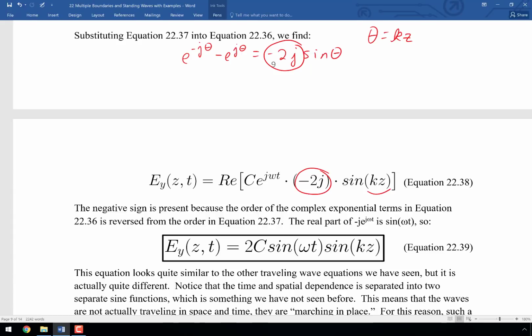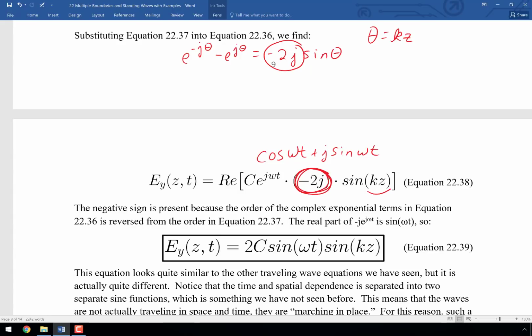Well, e to the j omega t is going to be equal to the cosine of omega t plus j times the sine of omega t, and that, I believe, is Euler's identity. But it's multiplied by this negative 2j.